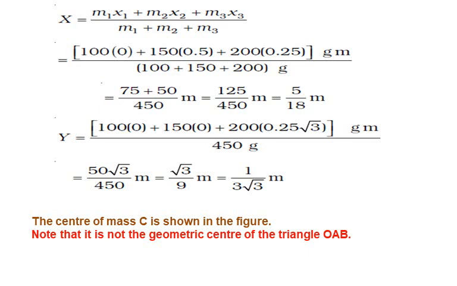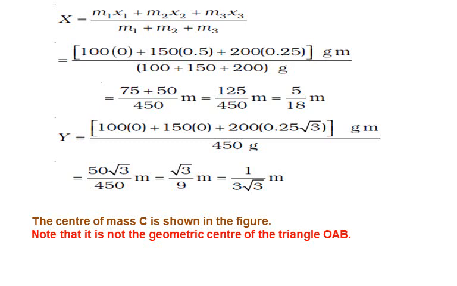Then for x coordinate, put all the values in the equation m1 x1 plus m2 x2 plus m3 x3 divided by the total mass. And similarly for y coordinate, put the values in m1 y1 plus m2 y2 plus m3 y3 divided by total mass.